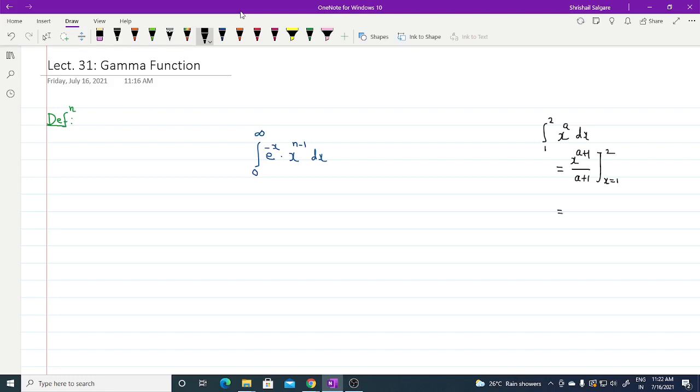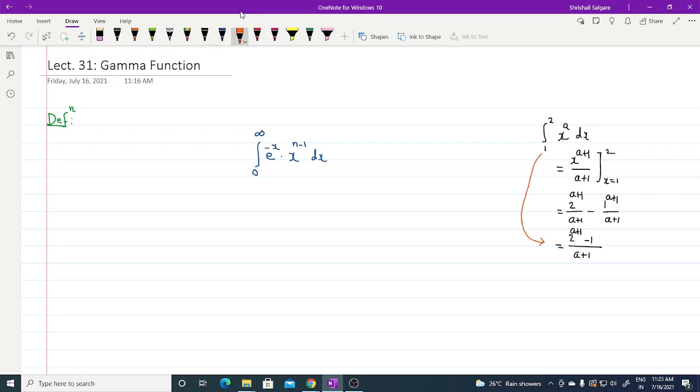If you substitute, you replace x by 2, you will get 2 raised to a plus 1 divided by a plus 1 minus 1 raised to a plus 1 divided by a plus 1. So any 1 raised to anything becomes 1. Further, you may simplify this as divided by a plus 1, and the numerator is 2 raised to a plus 1 minus 1. So this is the evaluation of the integral.